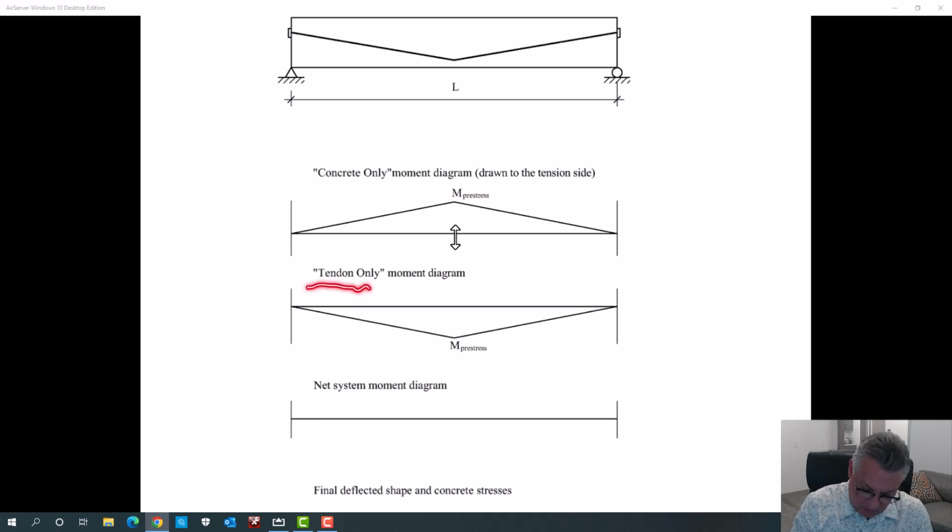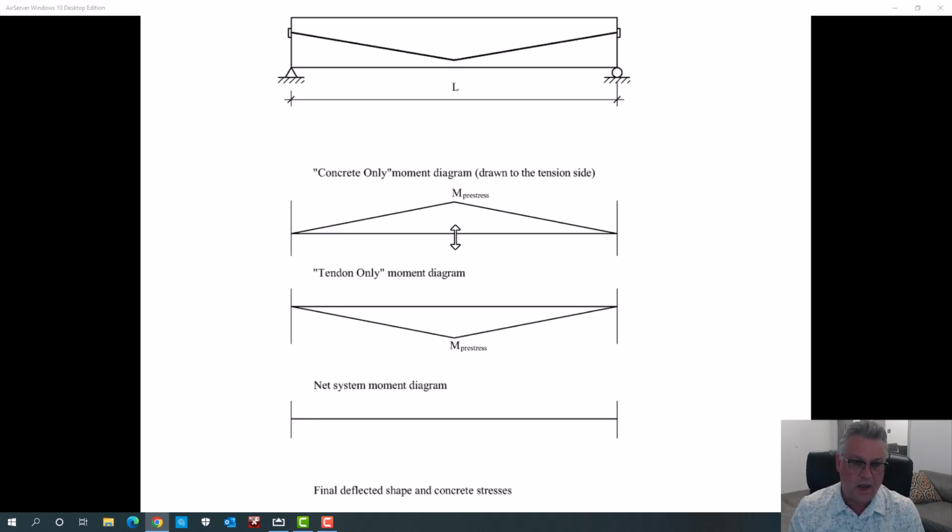However, the tendon-only diagram, or the tendons themselves, are doing the exact opposite. These are self-resolving within the beam. So whatever is happening statically to the concrete, the opposite is happening to the tendons. Whatever the tendons are doing to the concrete, the concrete is doing back to the tendons. They're self-resolving within this beam, and that's why in statics nothing is happening.